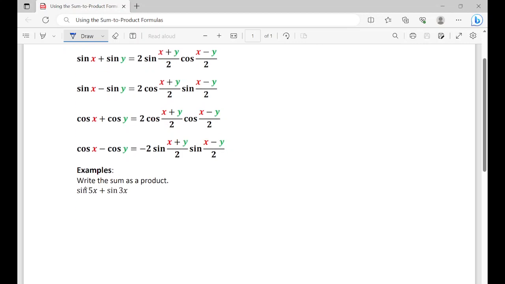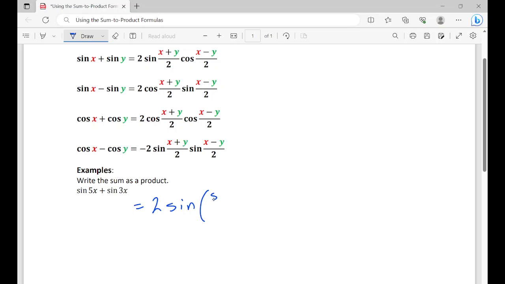So for the first one, we have sine of 5x plus sine of 3x. When I look at this, I got sine plus sine. I see that the first one matches that up really well, so I'm going to be using this formula here. So I'm going to get 2 sine of x plus y, and so x is the first one, y is the second one, so x is going to be 5x and y is going to be 3x.